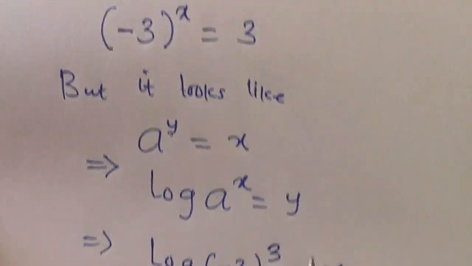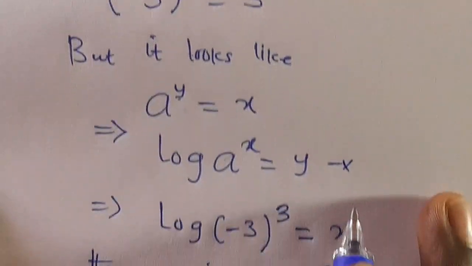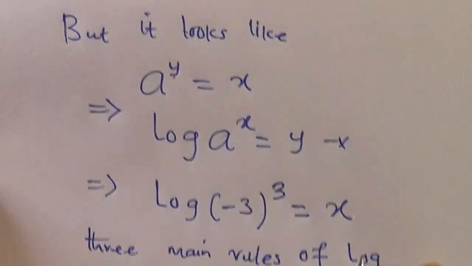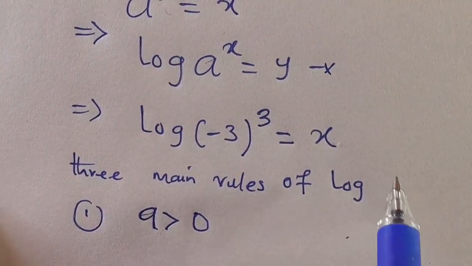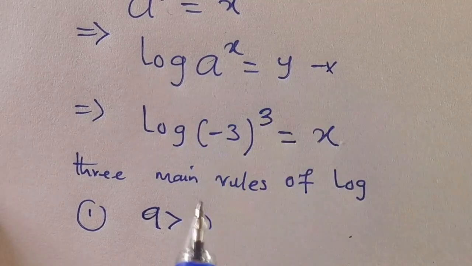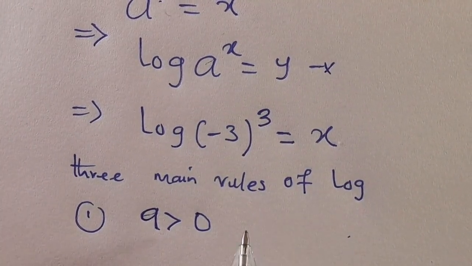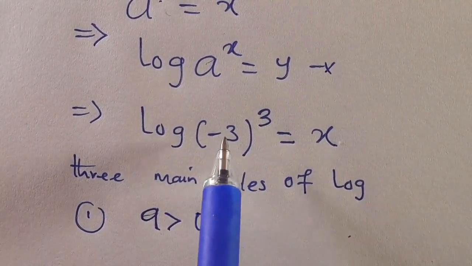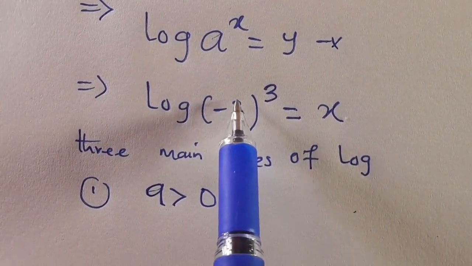That is from this expression here. So therefore from here, we have our a to be less than 0.